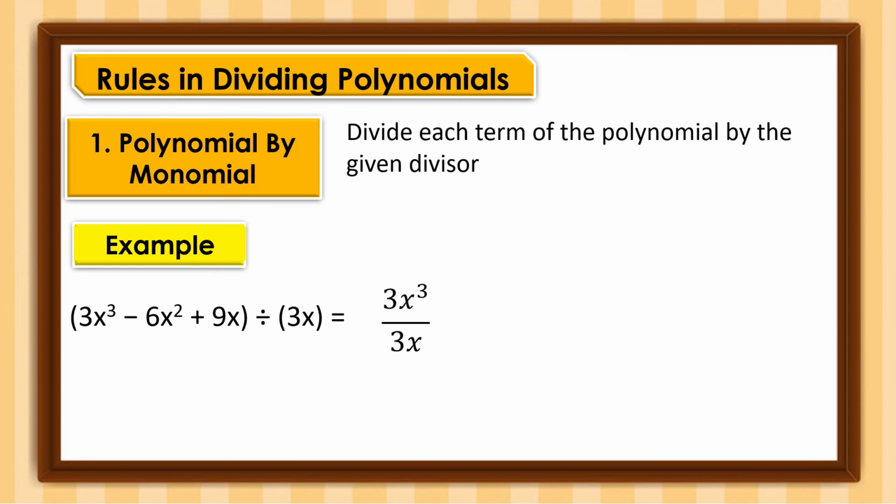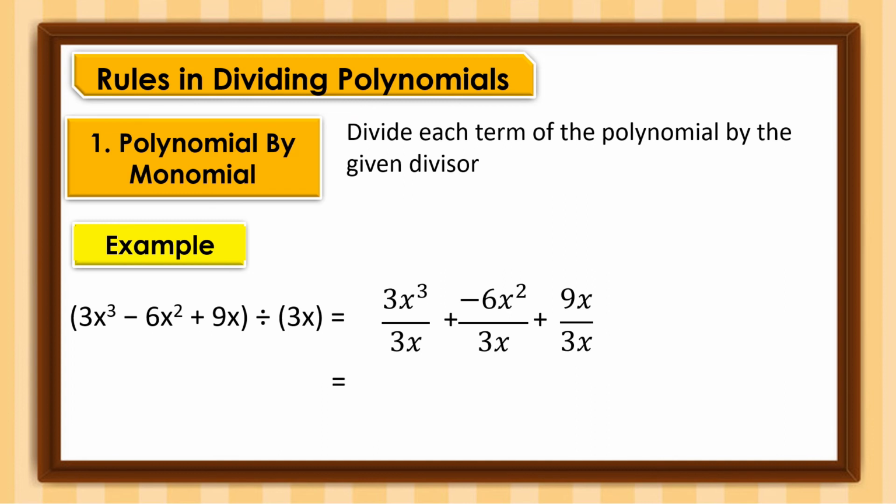So 3x cubed divided by 3x plus negative 6x squared divided by 3x plus 9x also divided by 3x, and then use the quotient of powers rule in the laws of exponents.